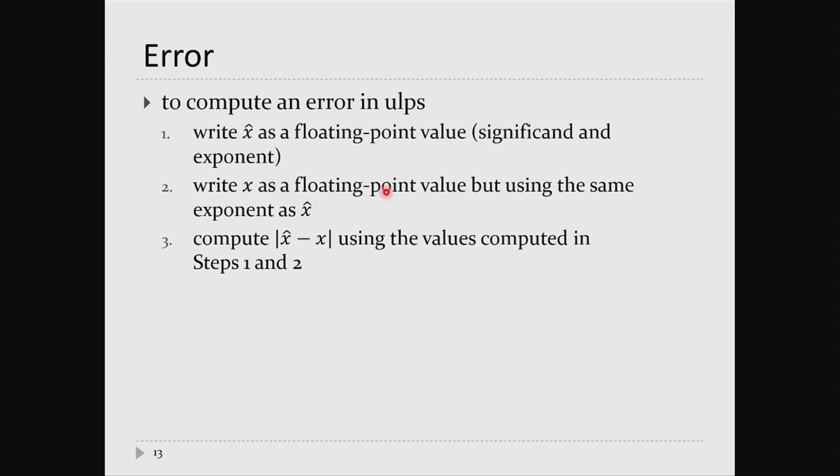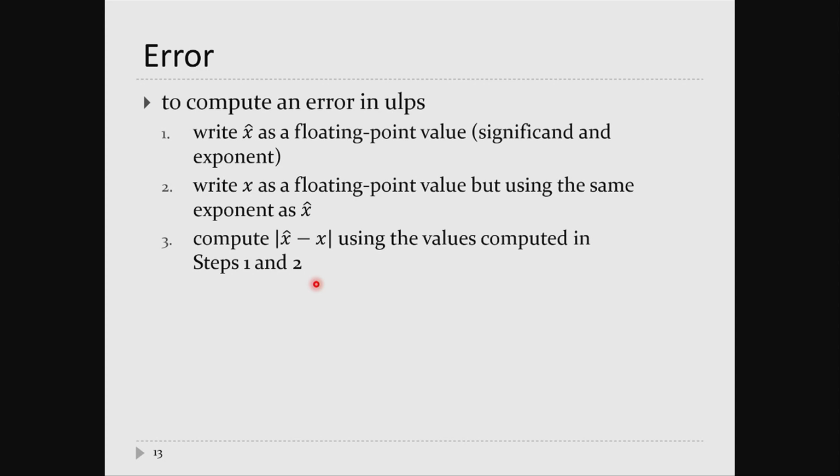You then write x also as a floating point number, because that's the value you just computed, and you use the same exponent as x hat, because I need to measure the difference in that last digit of x hat. And then you just compute x hat minus x, using the values in steps 1 and 2.